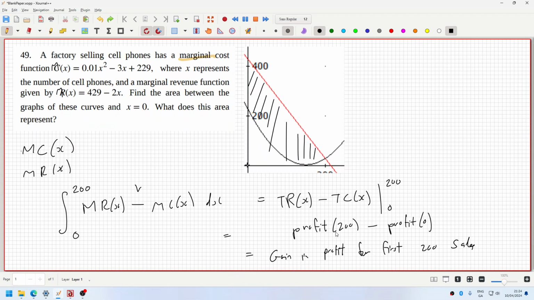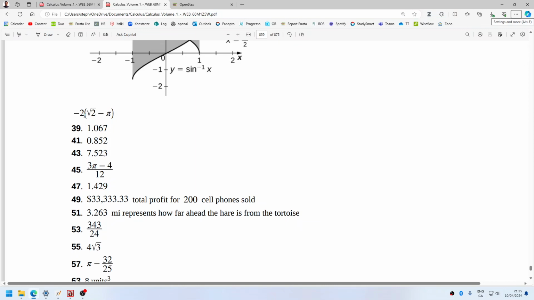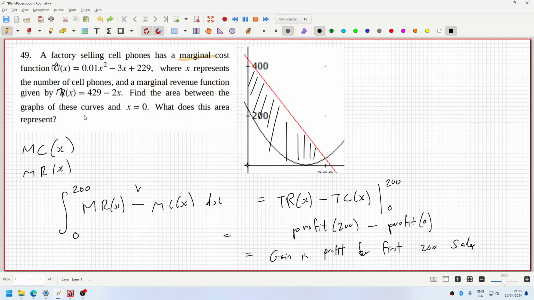Total profit? Profit 200 minus profit 0. But gain in profit for the first 200 sales. Total profit for 200 cell phones. Oh, and we have to integrate it.